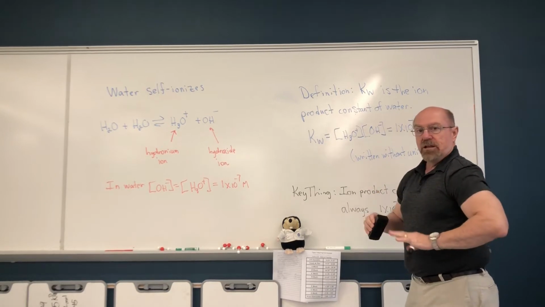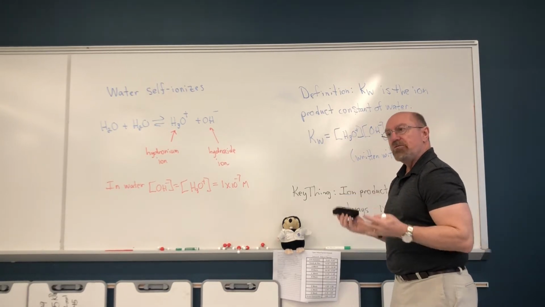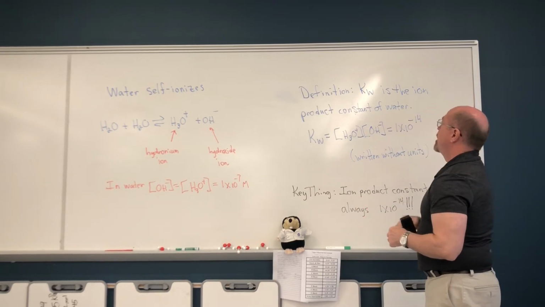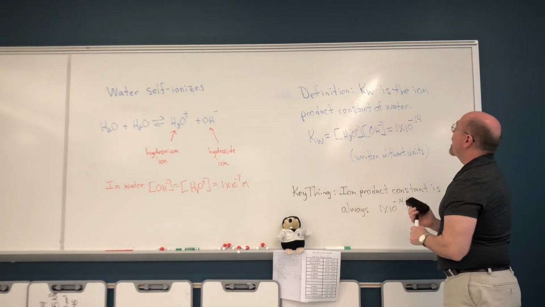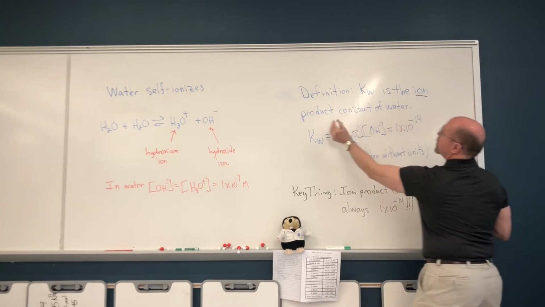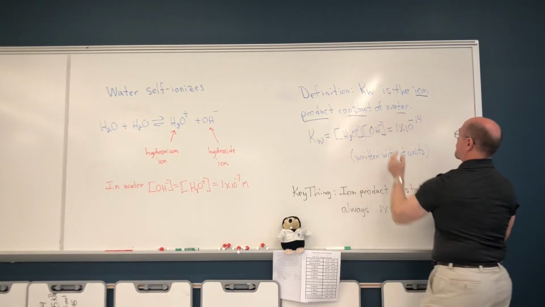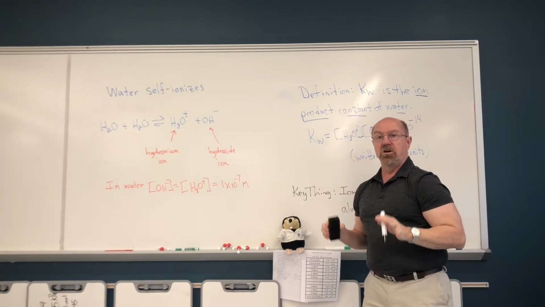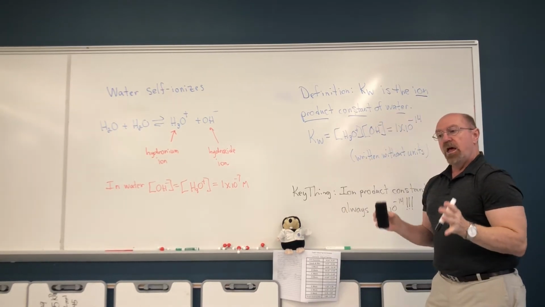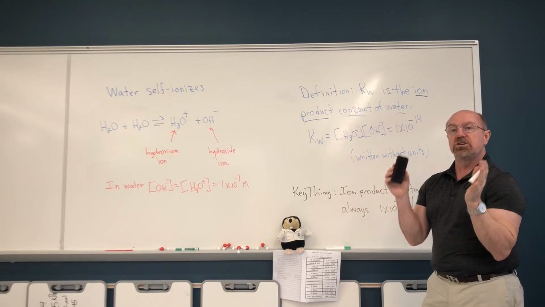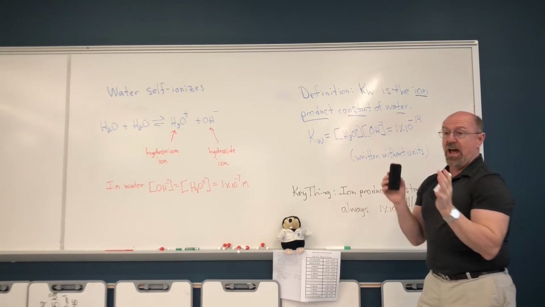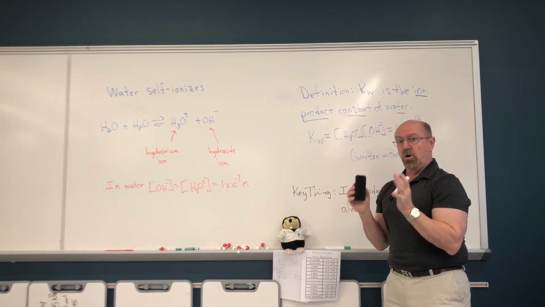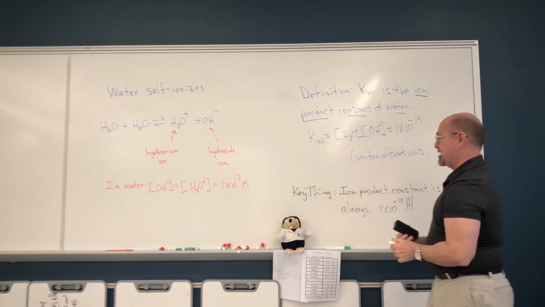Now, there's something that is going to be very useful to us, and that has to do with something called Kw, which is defined as the ion product constant of water. What it means is whenever you have an acid or a base in water, the total concentration of the hydronium ions times the total concentration of the hydroxide ions is going to equal 1 times 10 to the minus 14.